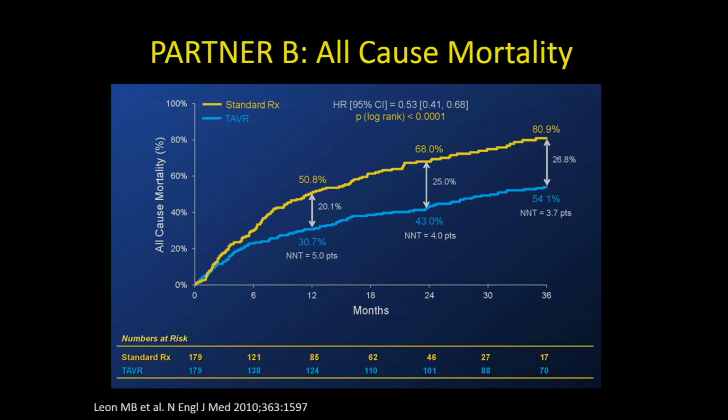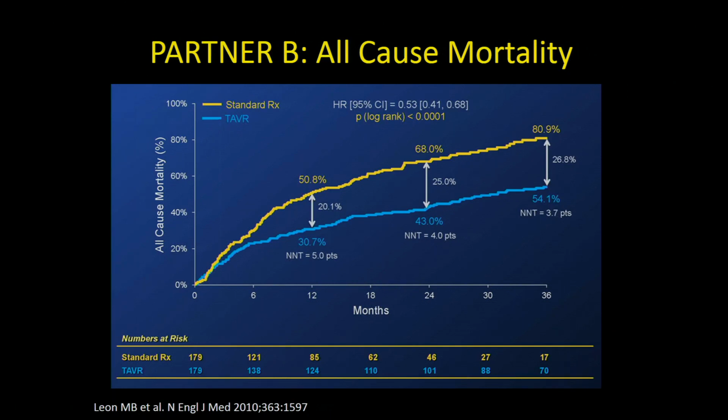In patients that were inoperable, those with extraordinarily high risk for traditional surgery, there was a 20% absolute improvement in survival. Basically 1 out of every 4 patients treated had the benefit of living to a year compared to those who were untreated. In the world of cardiology, this is a profound improvement in the outcomes of these patients.